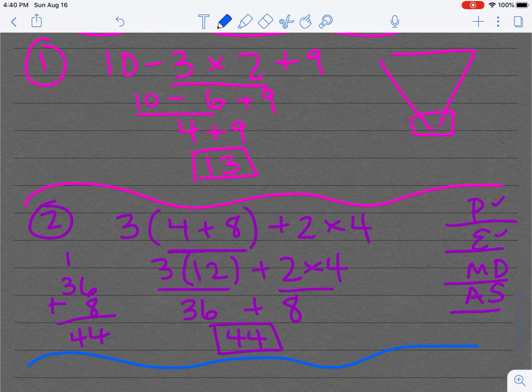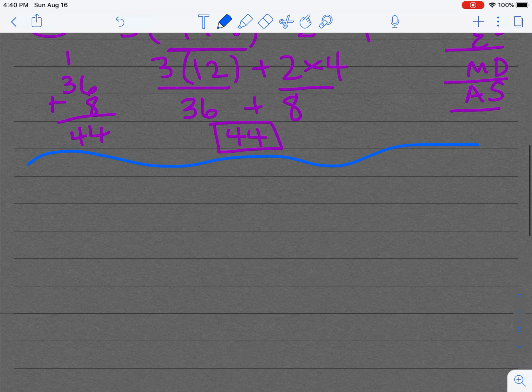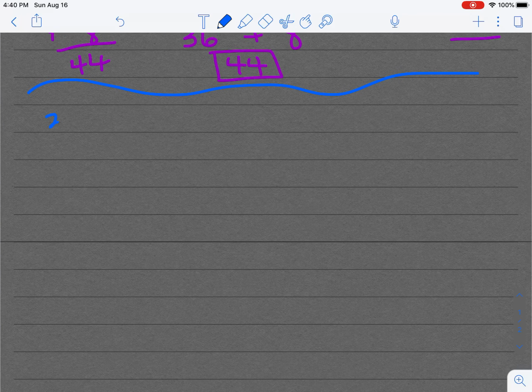All right, let's take another one. In number 3, feel free to pause and rewind as you need to. We're going to have 2 plus 10 inside parentheses, an exponent of 2 outside, then times 3. I picked this one because there's a lot of multiplication and it can get complicated. So we do what's inside the parentheses first. 2 plus 10, we know that that's 12.